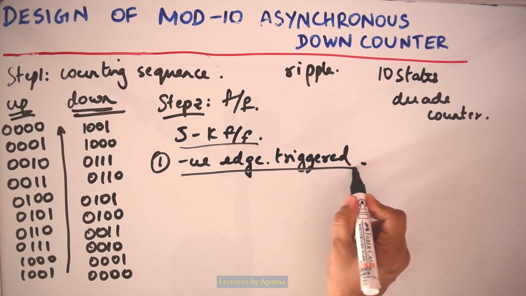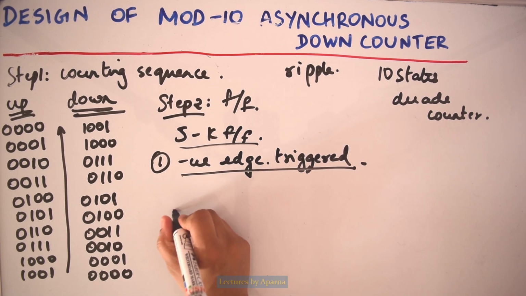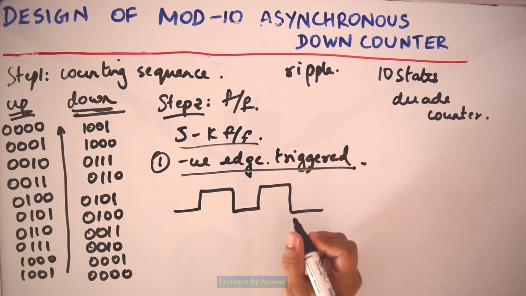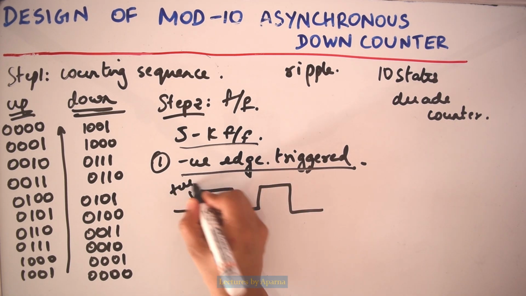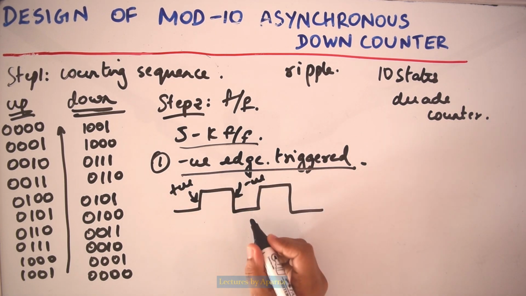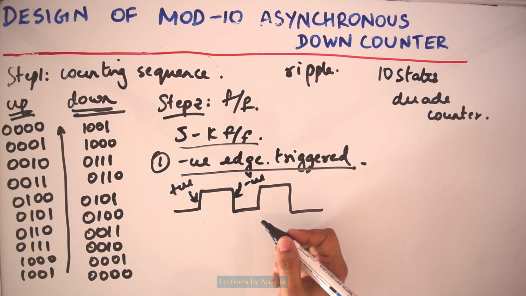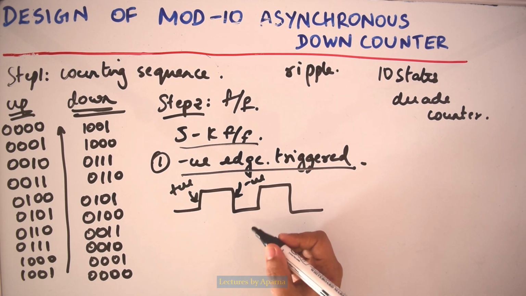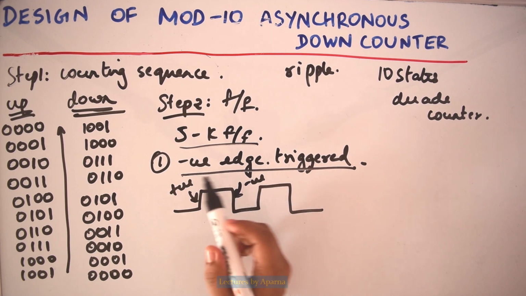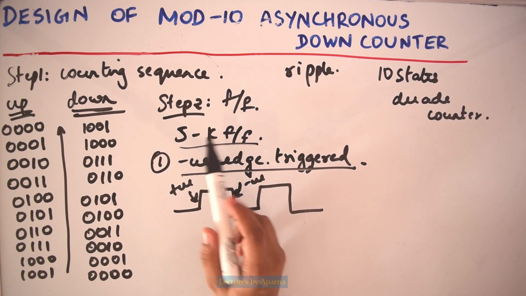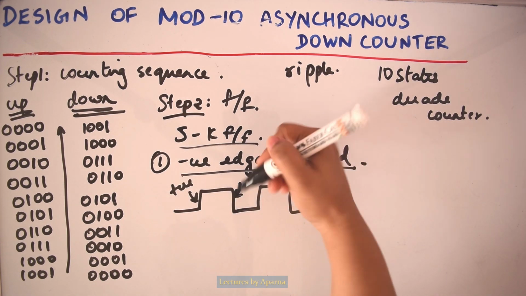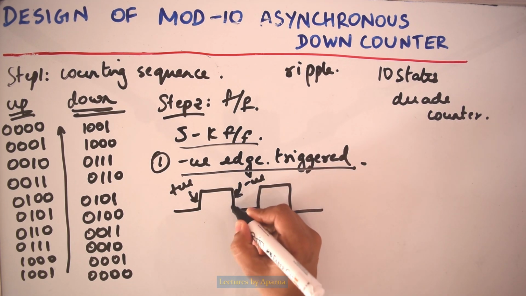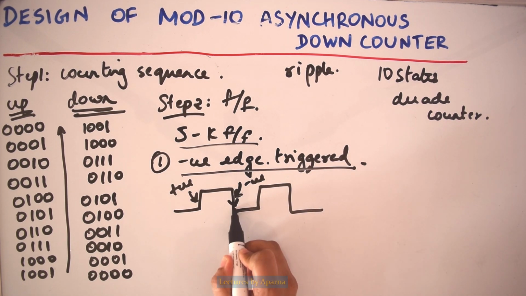What does this negative edge triggered means? Consider a clock signal. This is the positive edge and this is the negative edge of this clock pulse. When this negative edge comes, if it is a negative edge triggered JK flip-flop, then that flip-flop will change its output at the negative edge of this clock pulse.